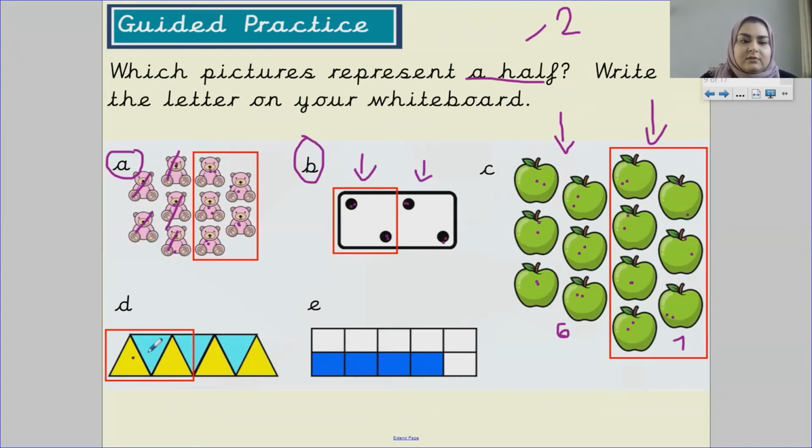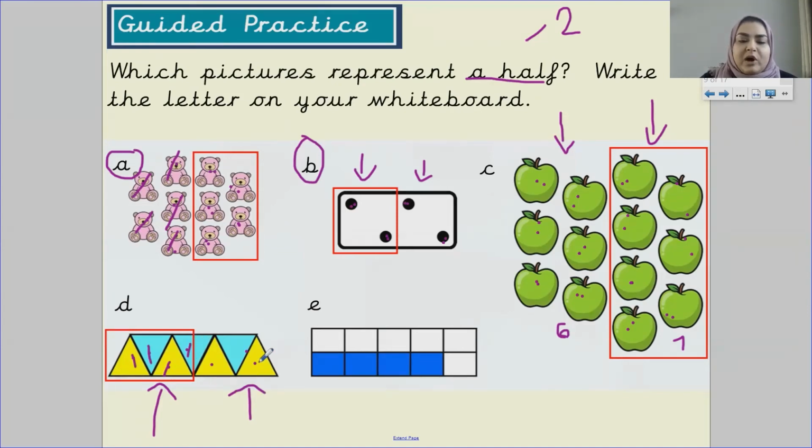I have 1, 2, 3, 4, 5, 6, 7 triangles in total. It's been split into 2 parts. Part 1, which is in the red outline, and then part 2. So part 1 has 1, 2, 3 triangles and a half.